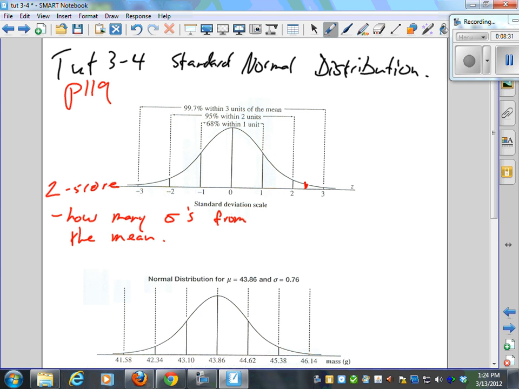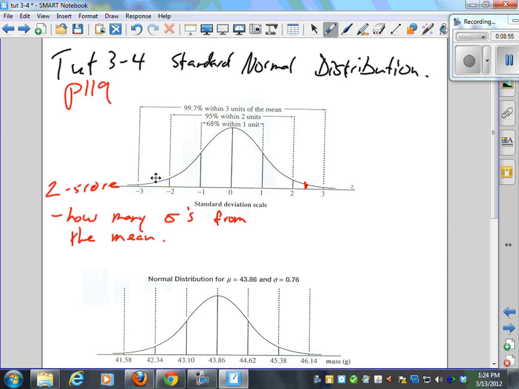You're way above average. Way, way, way above average. In fact, way more than 50% of people are below you. So a Z-score of plus means above the average. A Z-score of minus means below average. All right, flip the page.